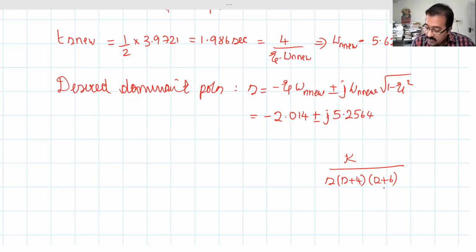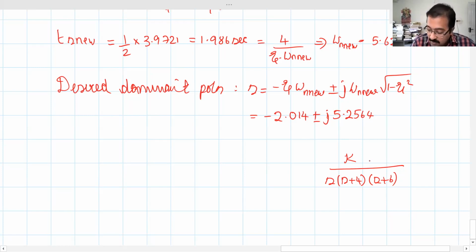That means if I want, I can assume my compensator zero is at s plus 2, and after some calculation I will get the corresponding value of where the compensator pole has to be. Or you can choose a compensator zero so that you cancel one of these poles, so your system order will remain lower.